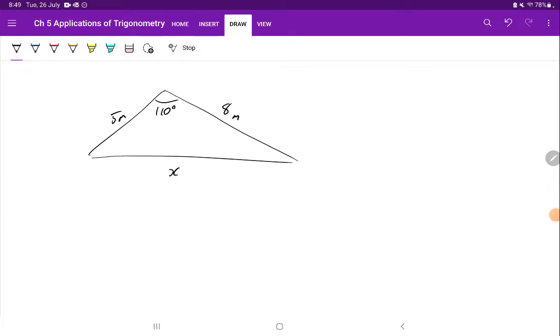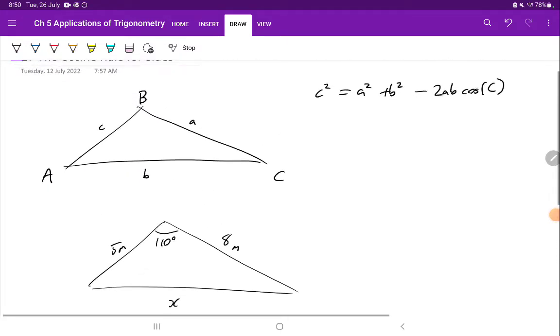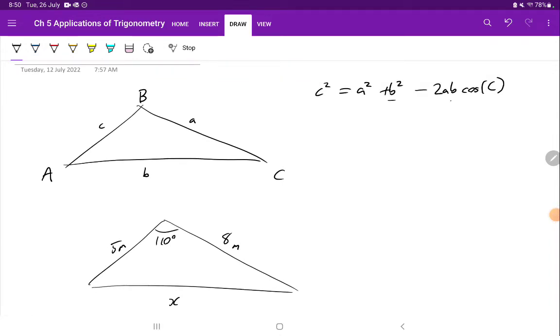So my suggestion is whenever you're labeling, make sure you're labeling C as either the angle or the side that you're after. We can't really solve for the B sides because in the rule, there's actually 2 copies of B. There's a B here and there's a B here, and same problem with A. So the rule is really only useful for either finding C or for finding angle C. So it's got to be something to do with C.